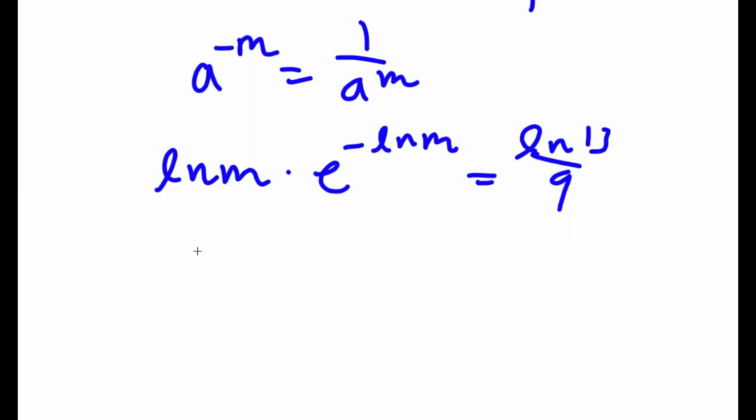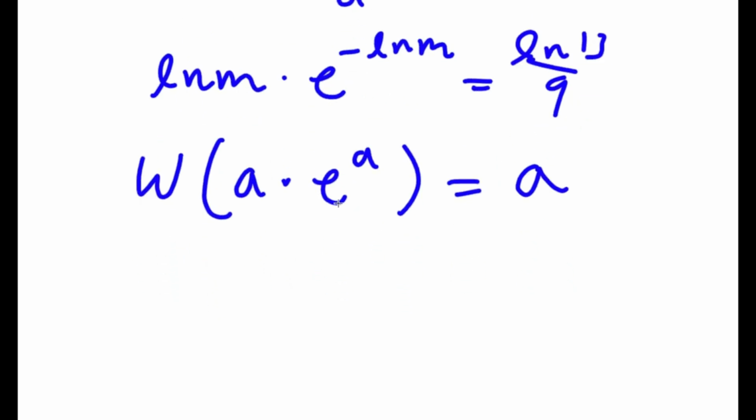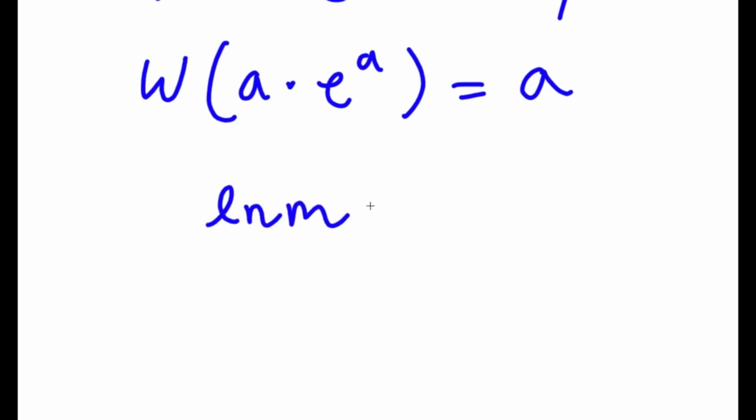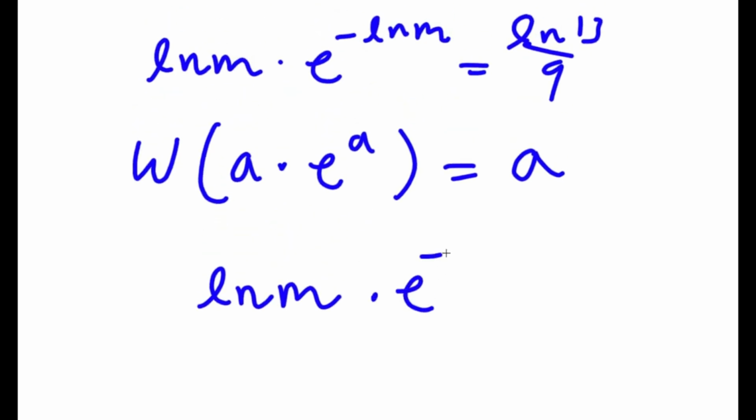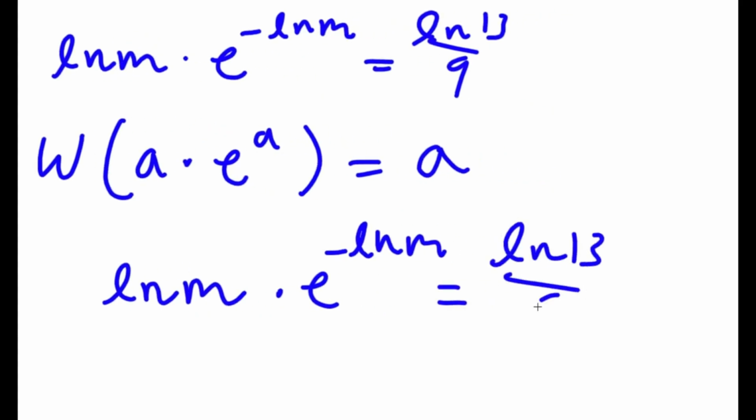What the Lambert W function states is that if I take the W of a times e to the power of a, this is simply equal to a. So I'm going to be using this Lambert W function on our equation. Our equation is ln m times e to the power of negative ln m is equal to ln 13 over 9.